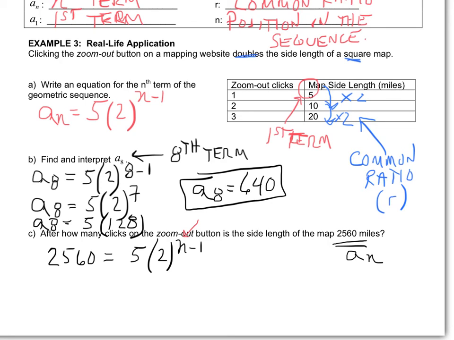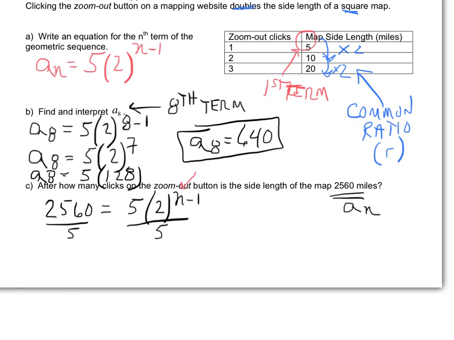So my first move here is to actually divide by 5. You know, that 2 is still attached to the exponent. So my first move is to divide by 5. When I divide by 5, I get 512 equals 2 to the n minus 1.